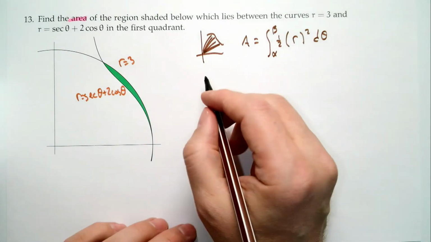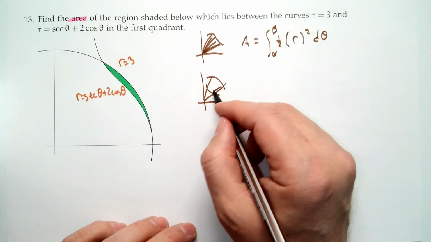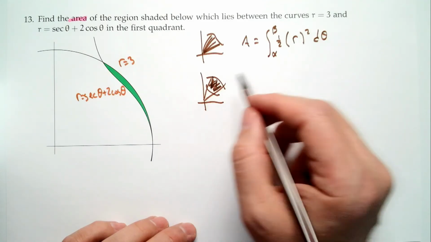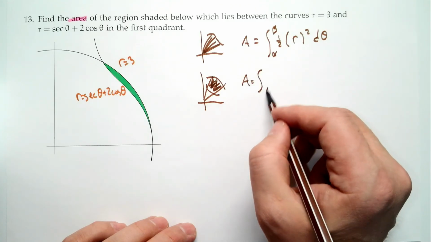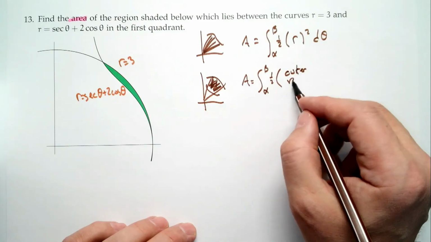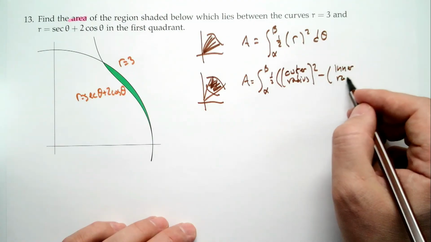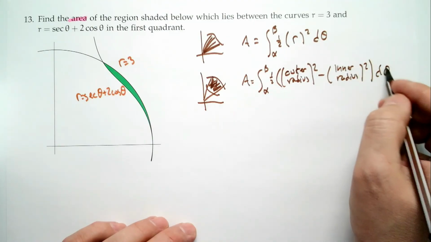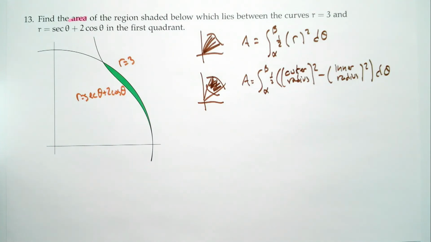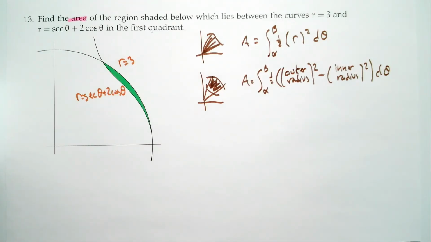But the other, probably more interesting one, is when we're going between two curves. Here the area is the integral from alpha to beta of 1/2 times your outer radius squared minus your inner radius squared. In some sense, it feels like the same formula as the washer method; the only difference is that instead of pi, you have a half. It is slightly different, but of course the processes are still the same.